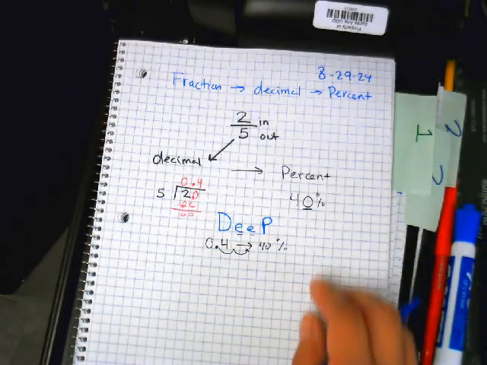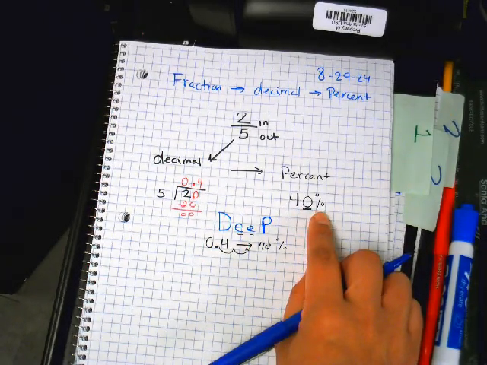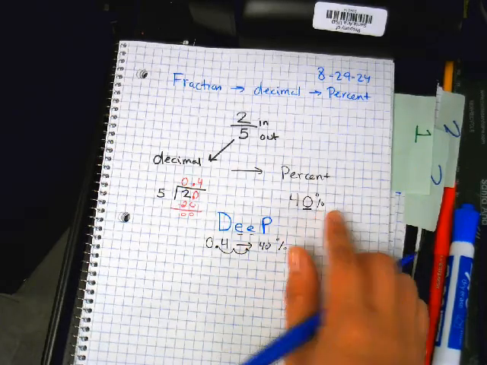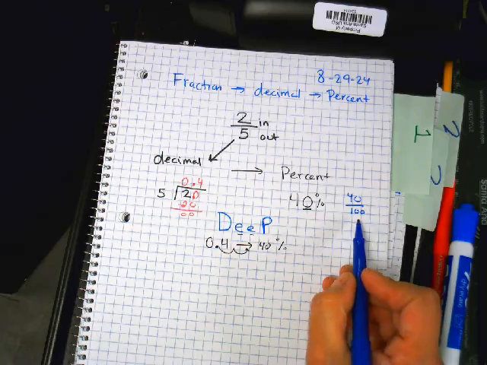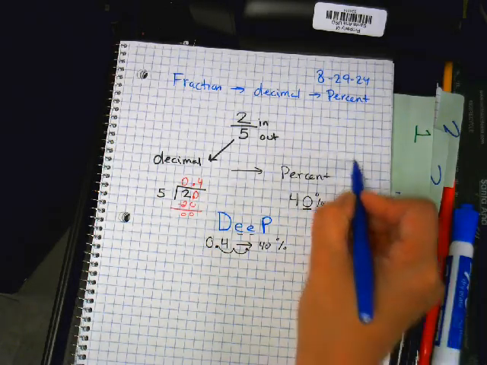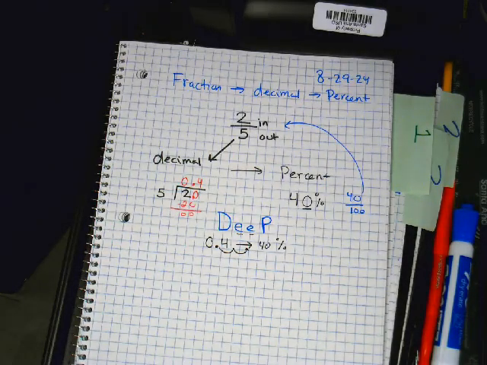Trick question. How do you write 40% as a fraction? 40 over 100. Now, does anybody know what 40 over 100 is simplified to? 2 over 5. So I said it's a trick question. You can start off as 40 over 100 because percents are out of 100, but when you simplify it, you go back to where you started.